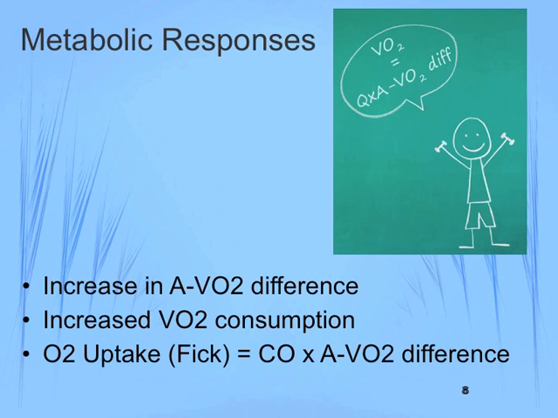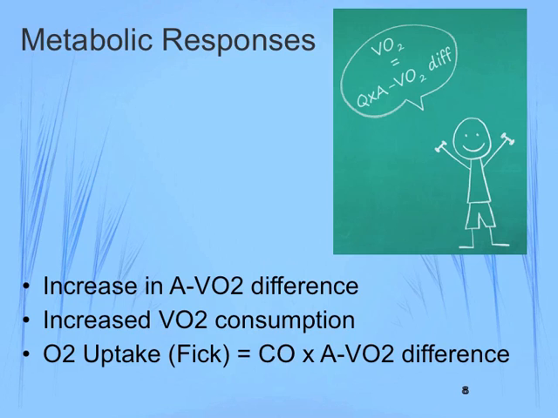The reason for that is that when we exercise, we extract much more of the oxygen out of the arterial blood to fuel the increased needs of exercise, so we can produce more ATP. At rest, we don't have as great an AVO2 difference because we don't need all that oxygen in the muscle because we're not exercising those muscles. But once we start exercising, we need more oxygen for that oxidative energy production. And so that explains why we have that greater AVO2 difference.